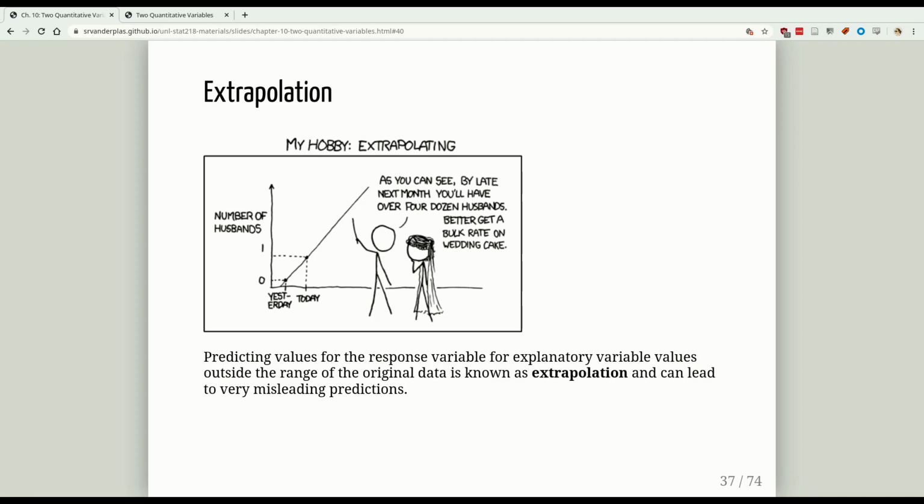So in this particular XKCD comic, they got married, and so there's a nice 2-point linear plot, right? We have yesterday, 0 husbands, today, 1 husband. If you predict out over the course of 60 days, you have a ton of husbands, okay?